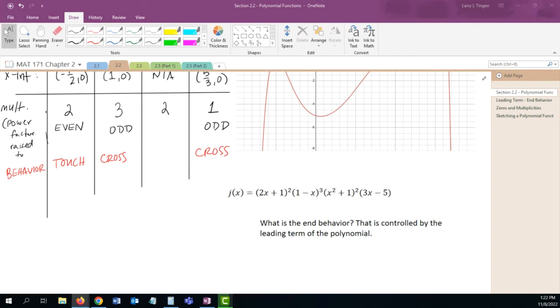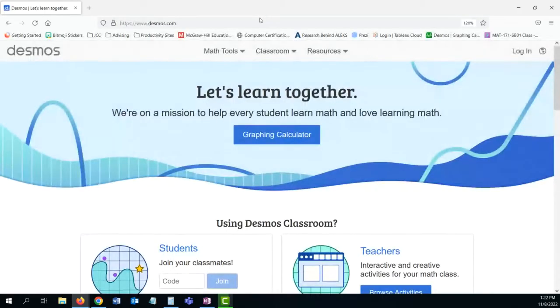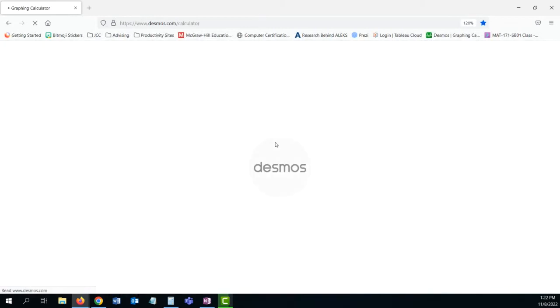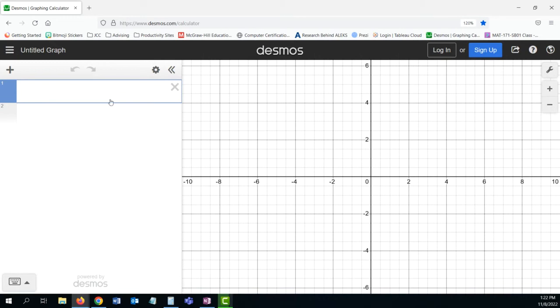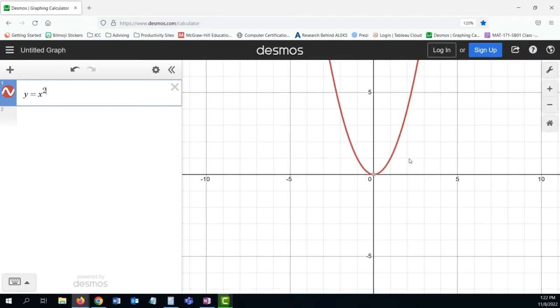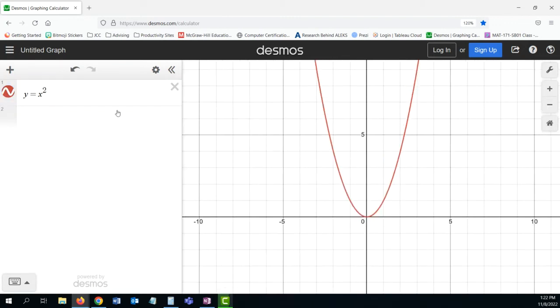All right, so take a look at... I can tell it is working hard in the background. All right, so I got y equals x squared. That's my basic parabola, right?